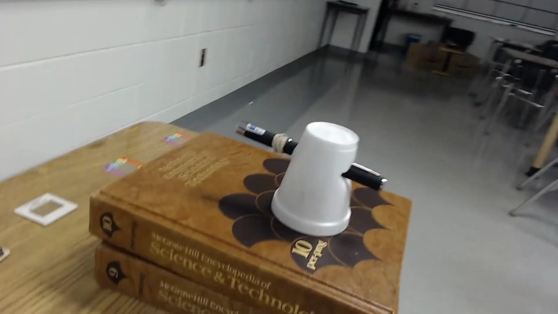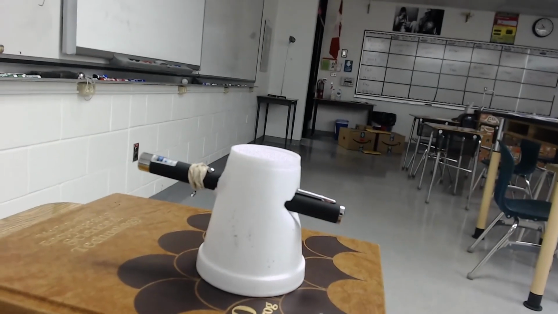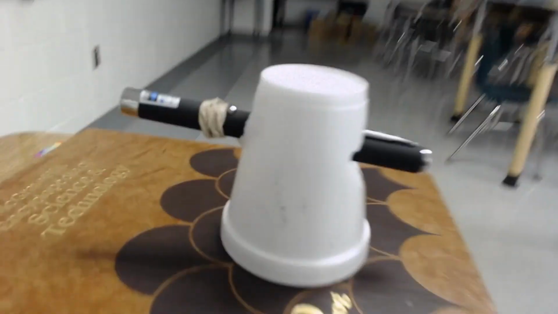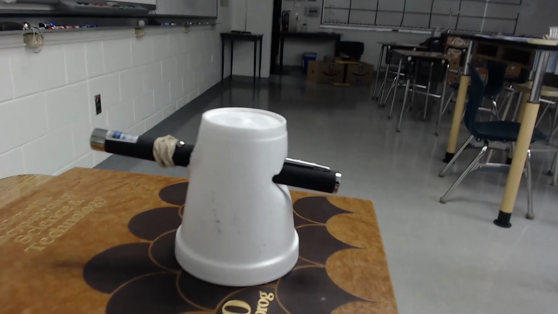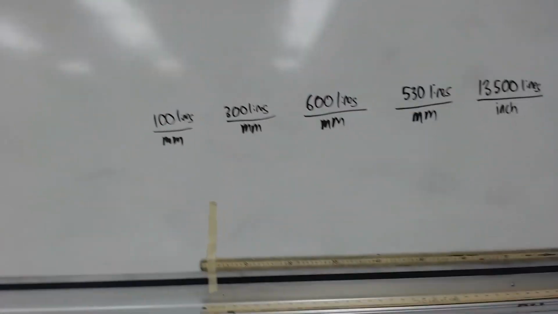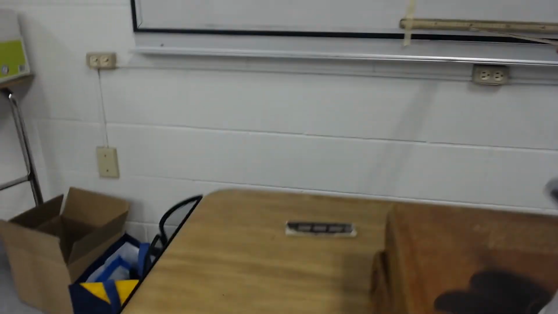Okay. Here I have my very technical setup. I have my laser pointer. I just need to hold it steady. So I just put it in there, and then I have the elastics wrapped around, which helps hold down the button. And then over here, I have a ruler taped on there. I also need to measure my length. One of my controlled variables is going to be my length.